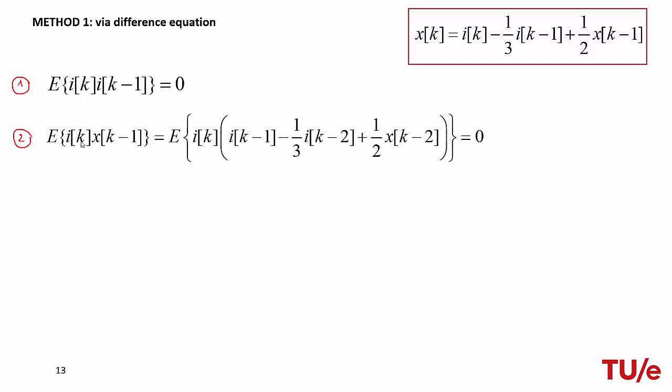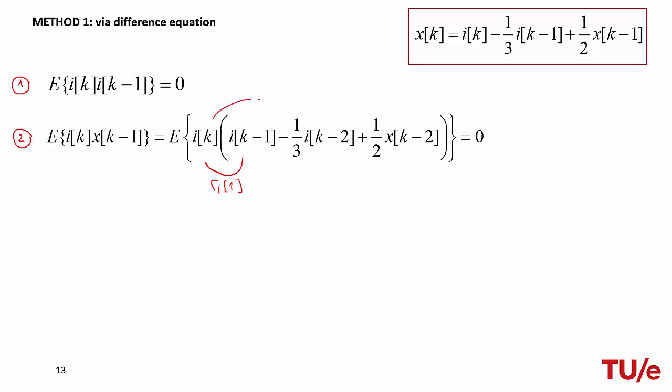The second one is the product of ik times xk minus 1, and this is also equal to 0. And to understand why, let's expand x. So you see here we expand x by substituting the difference equation. And now what we can see is that the first term here is actually the autocorrelation of I for lag 1, and we already saw this is equal to 0.